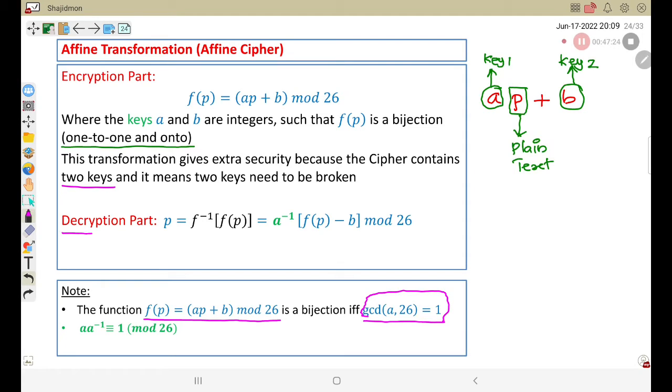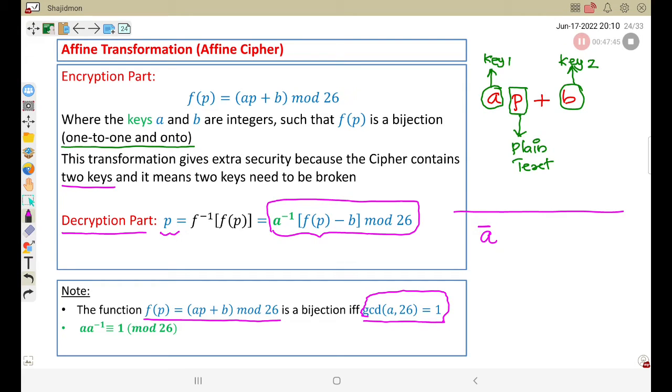Now you can see the decryption part. The decryption, or plain text p, equals A inverse multiplied by f of p minus b, mod 26, okay? So what is the decryption? A inverse, or we can say A bar. You remember we studied in section 4.5 how to calculate the inverse, or A bar number.